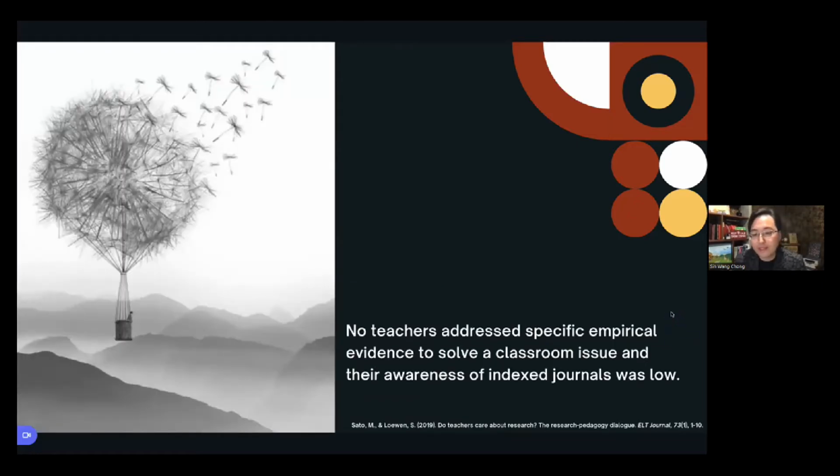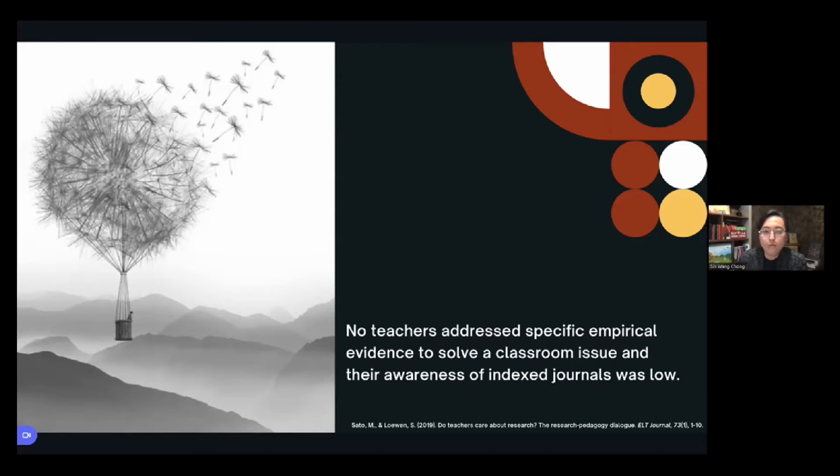Well, in a more recent study by Sato and Loewen in 2019, also published in ELT Journal, the group of teacher participants, I think they're based in Chile, said that some of them actually wanted to incorporate research findings in the classroom, but it's quite difficult because the teachers find it hard to really use the evidence from research to solve a very practical classroom issue.